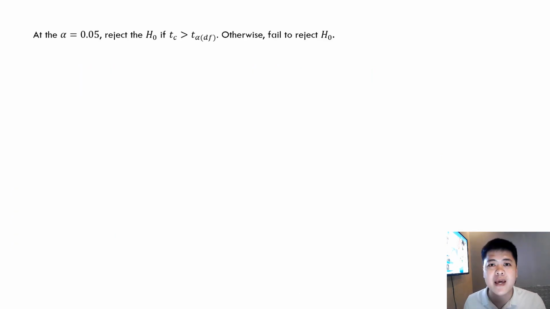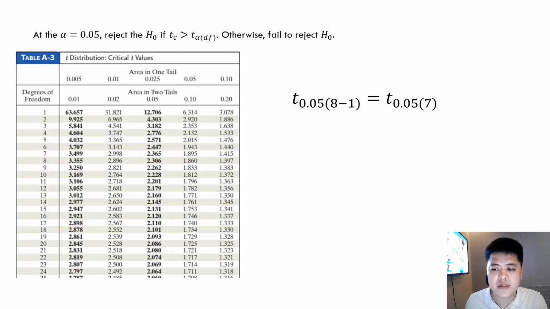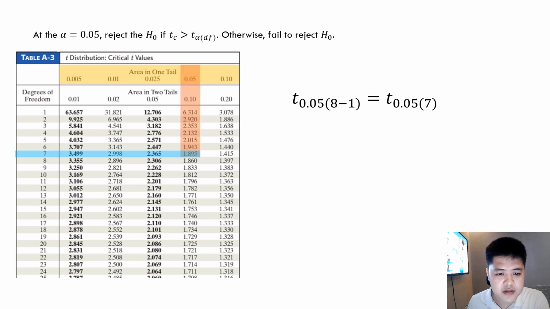Okay. So we're now ready to get the tabular value. We need to get t alpha and then the degrees of freedom. Remember, degrees of freedom for this is just n minus 1. So we have 0.05, 7. Let's get the tabular values or critical t values. We are going to go for the one tail at 0.05, degrees of freedom 7. So our tabular value is 1.895.